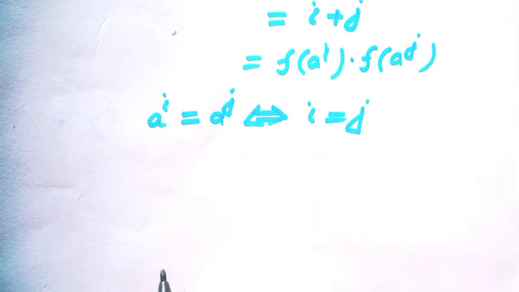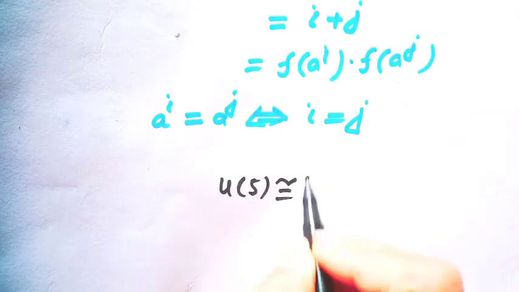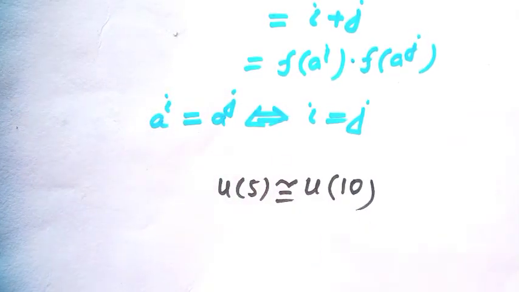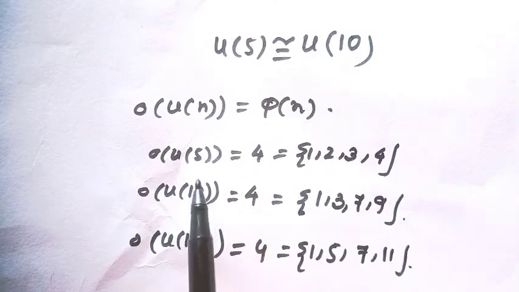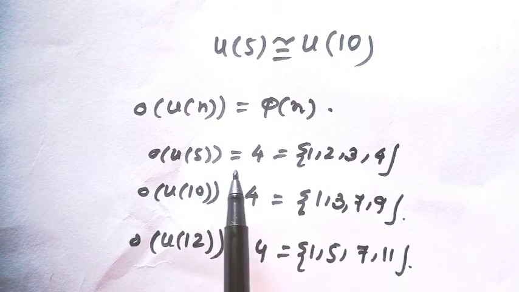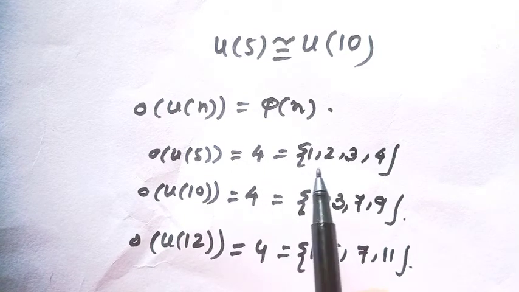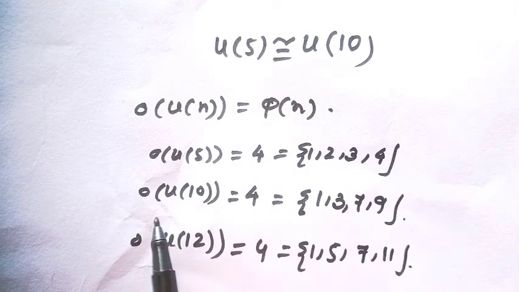I have seen in my previous video U5 is isomorphic to U10. Okay? And all of us know the order of Un equals the Euler phi function. In my previous video I have seen the order of U5 equals 4, which is the set of all elements 1, 2, 3, 4.